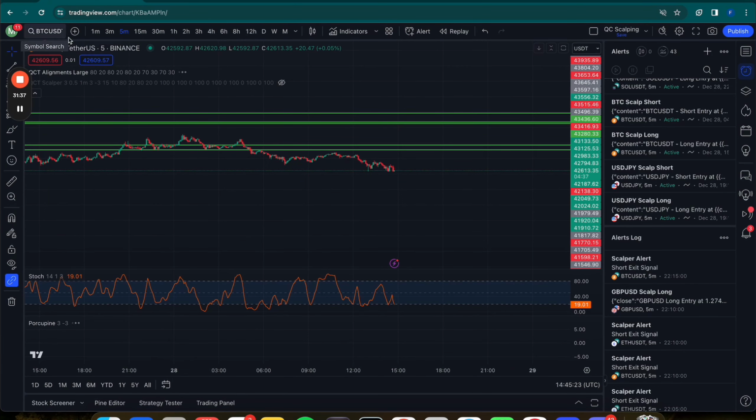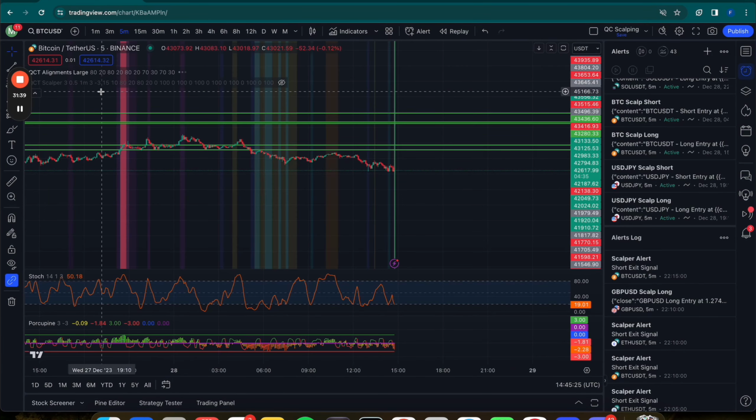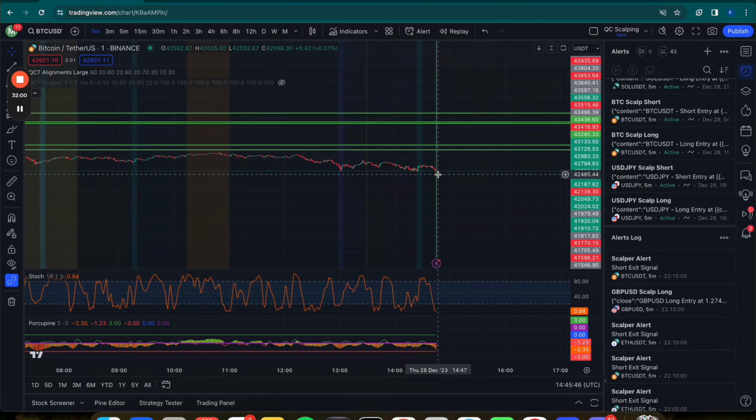Then we added in the overlays, which, once again, the lower you go, the more granular they're going to be, right? For example, right here, we have a high green color, meaning that there's a lot of alignment going on with the porcupine going very low as well. So there might be, short term, a very nice bounce here on Bitcoin.